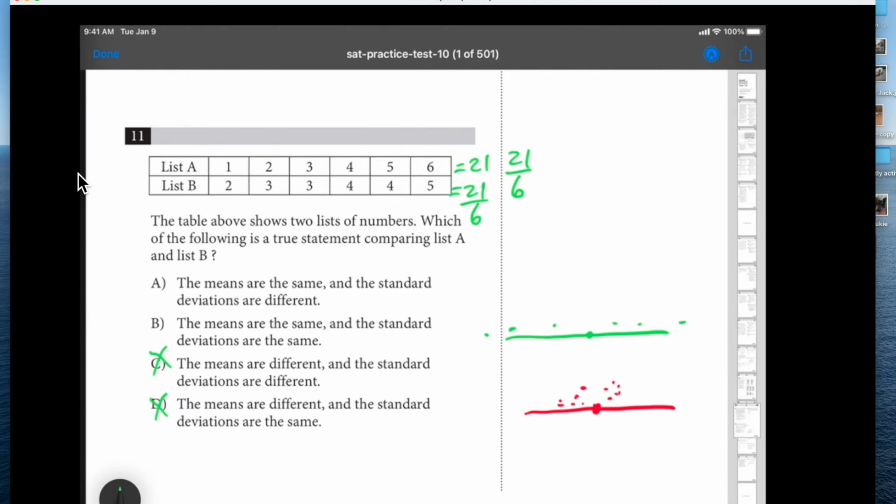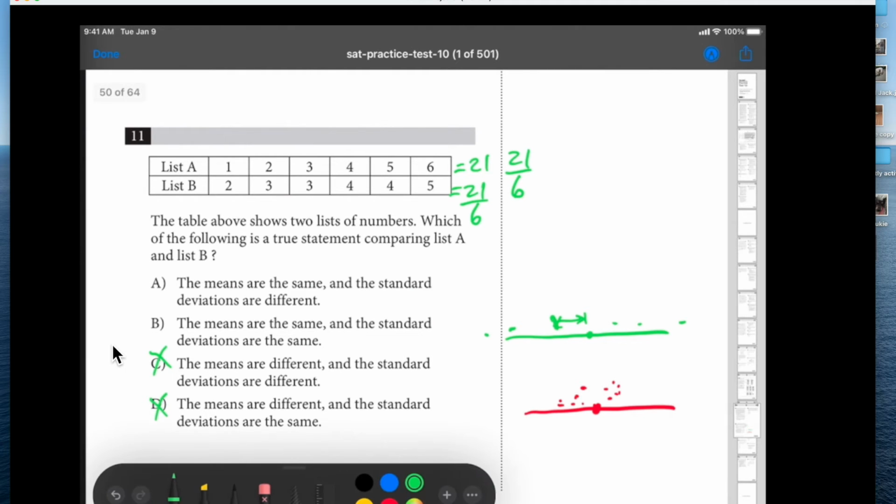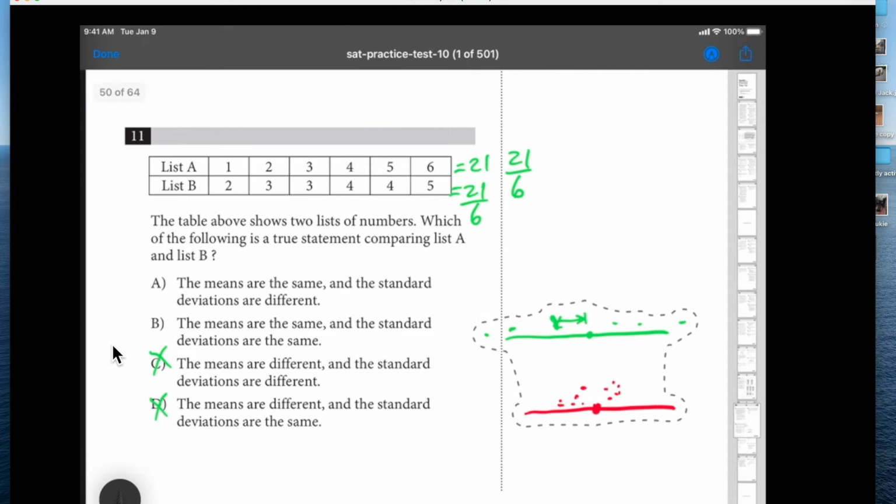Whatever distance this is from the mean, for each given point, you take the average of that, and that's the standard deviation. Numbers that are more spread out have a larger standard deviation than those that are located close together.